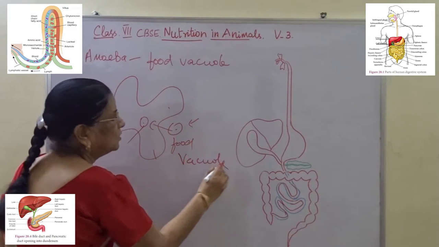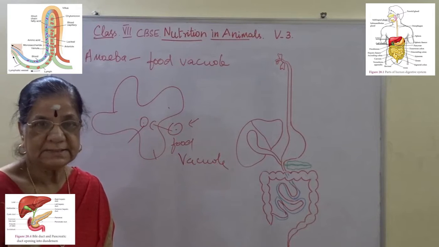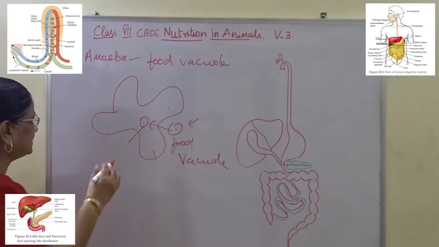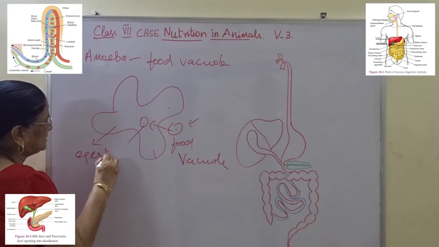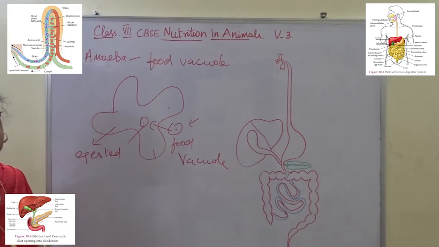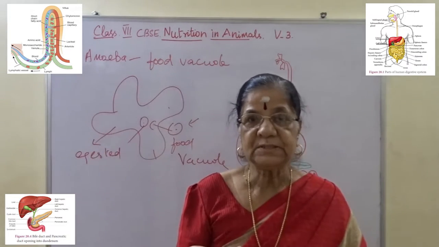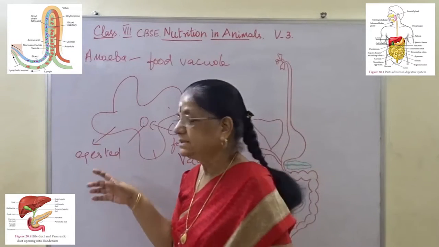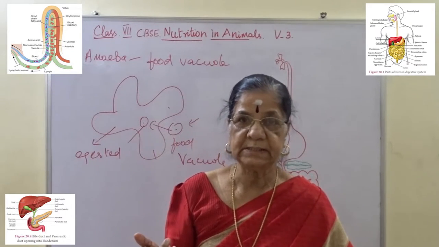It forms a food vacuole, and then the food gets digested and the undigested food material is sent out as a digested vacuole. Ingestion is taking in food, then the process of digestion, and the undigested food materials are sent out.